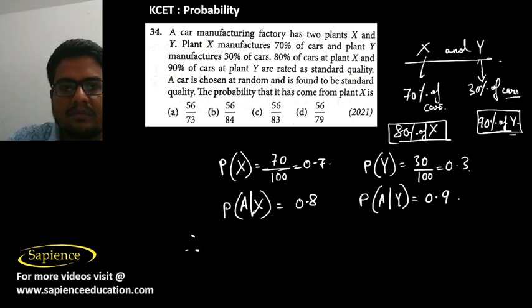Now we have to find the probability that the car has been manufactured from plant X given that it is of standard quality. So we have to apply the Bayes theorem.